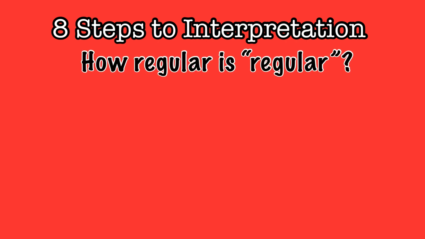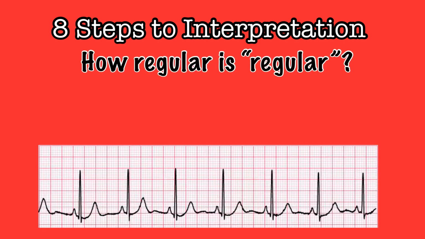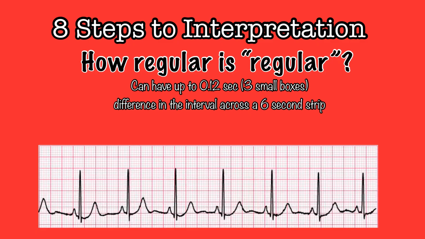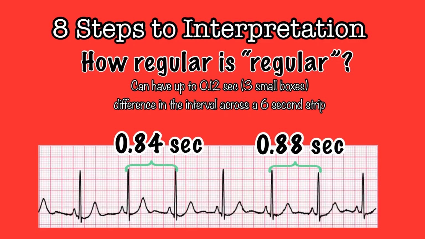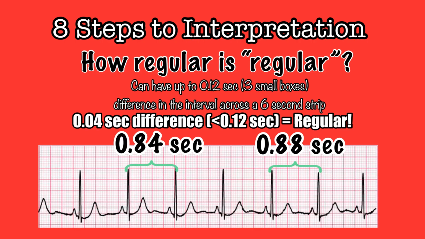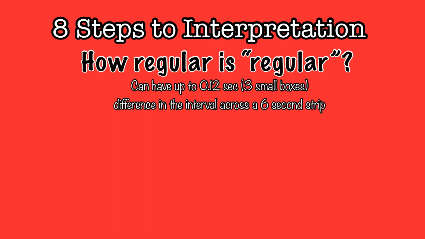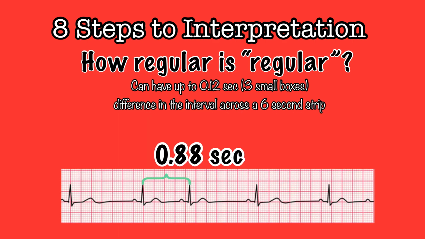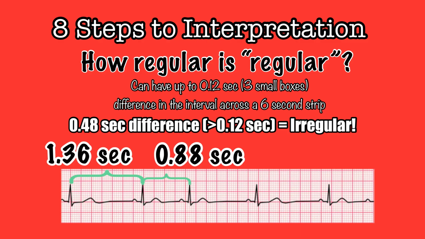To be regular, the spacing of complexes doesn't need to be perfectly matched. There can be a variation of up to 0.12 seconds, or 3 small boxes, between the fastest interval and the slowest interval on a strip. And it is still considered regular. Variations that are this small are not concerning. But once the difference between the fastest and slowest intervals is greater than 0.12 seconds, it is worth labeling.